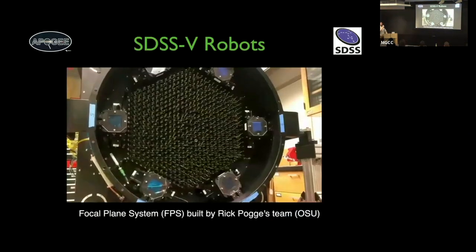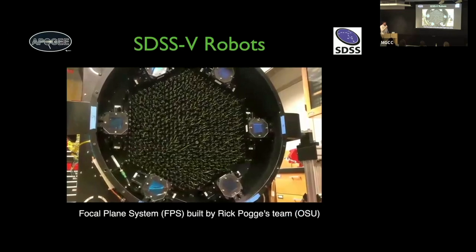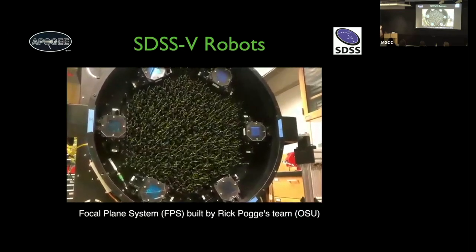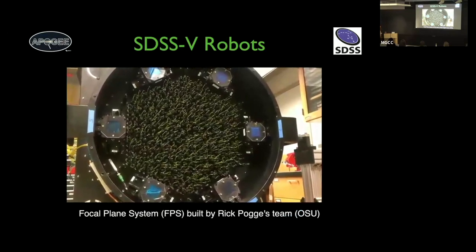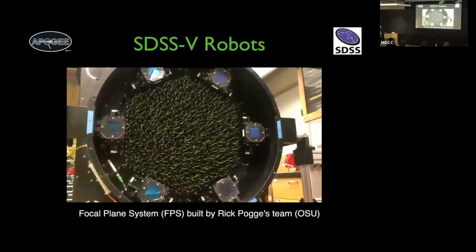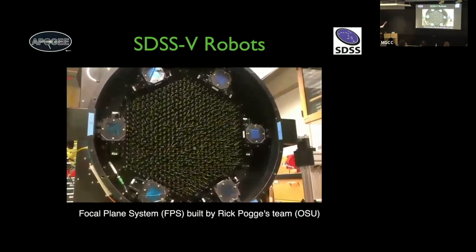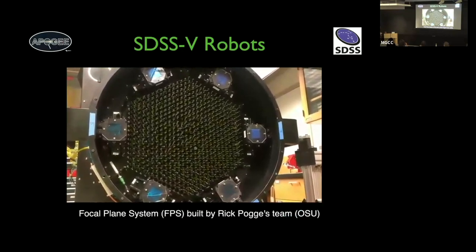Now in Sloan 5, we have these robots. We have this focal plane system built by Rick Fournier's team at OSU, and we can reconfigure in just a few minutes, and we have this now in the north and the south.